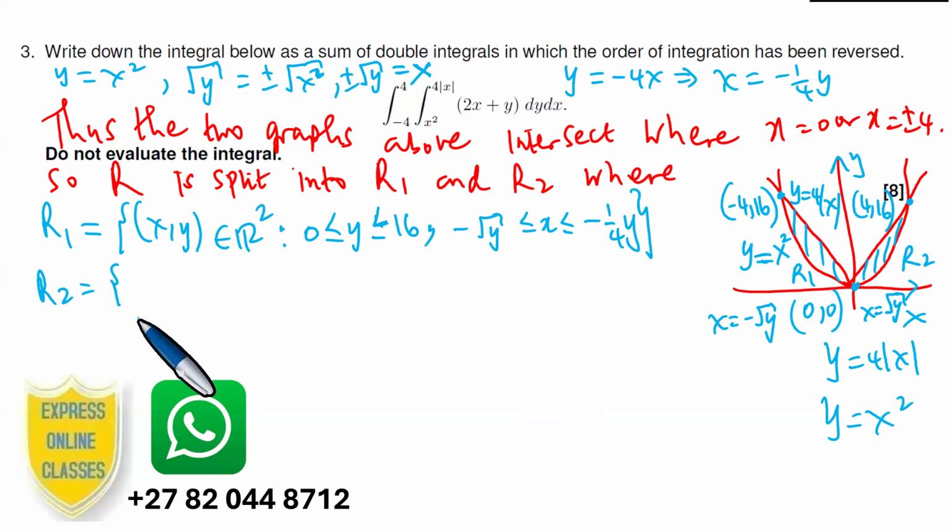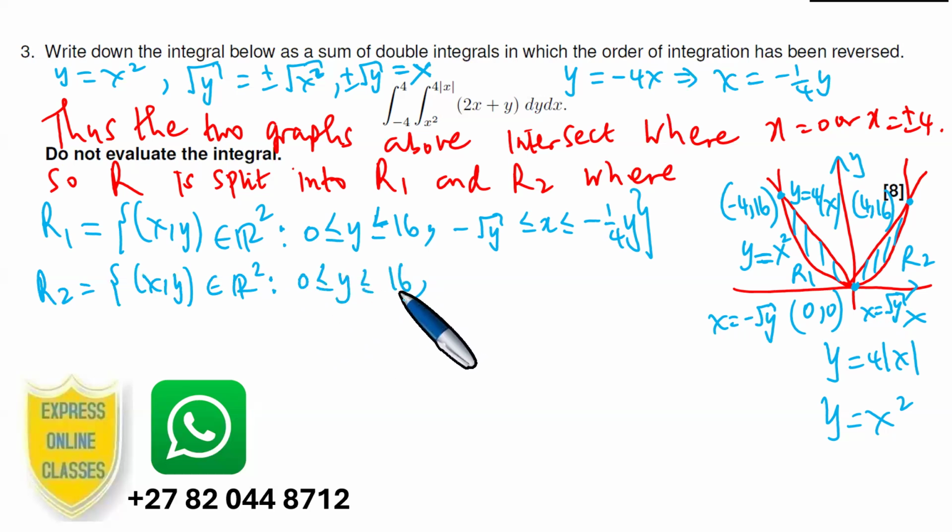We can describe region 2 in the same way in set builder notation, where we have x and y in R2. Right.